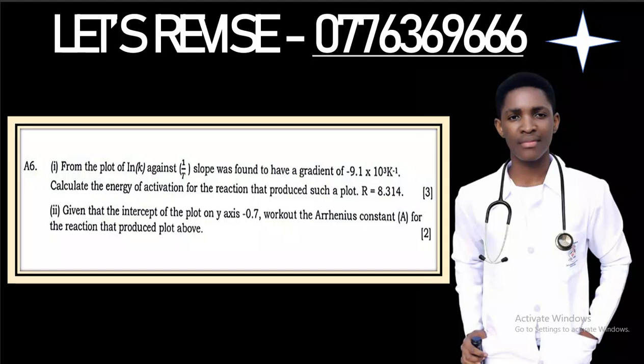You have been given the gas constant to be 8.314. 2. Given that the intercept of the plot on the y-axis is -0.7, work out the Arrhenius constant A for the reaction that produces the plot above.